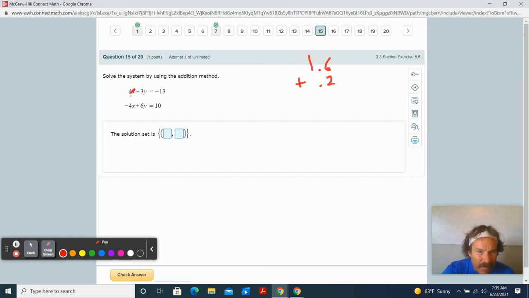You want your x's above your x's, your y's above your y's, your equal signs above your equal signs, and your numbers above your numbers. Because then what you can do, and it's called the addition method for this reason, is simply add the equations together. You could add equations to other equations.